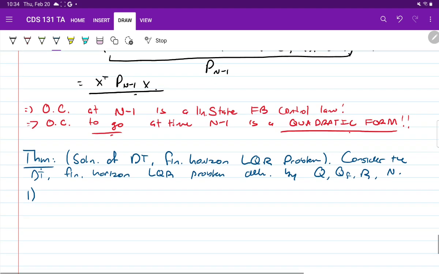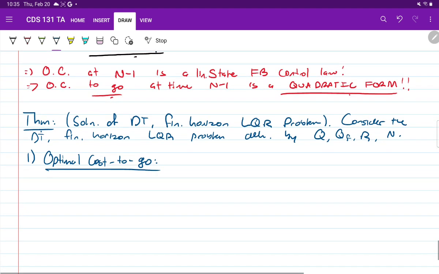All right. So this basically confirms this conjecture, which we just made above, which says that the optimal cost to go is a quadratic form in each step. Okay. So step 1 is optimal cost to go. All right.